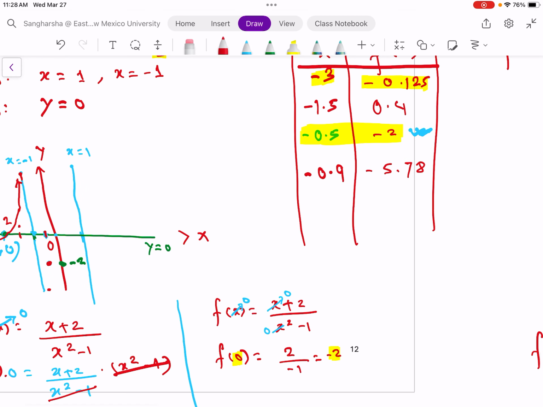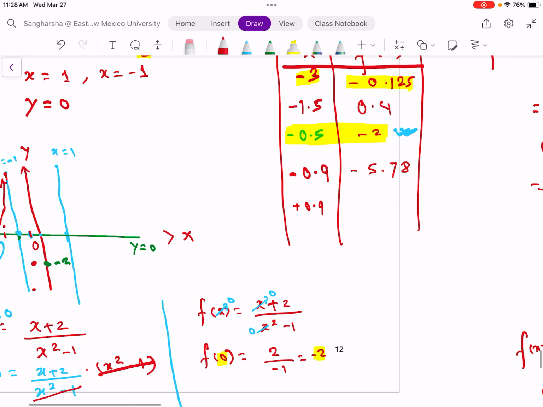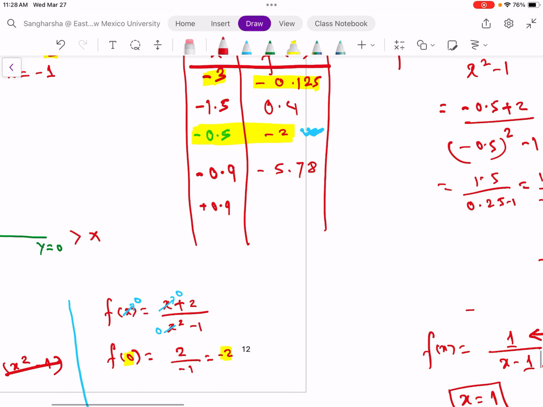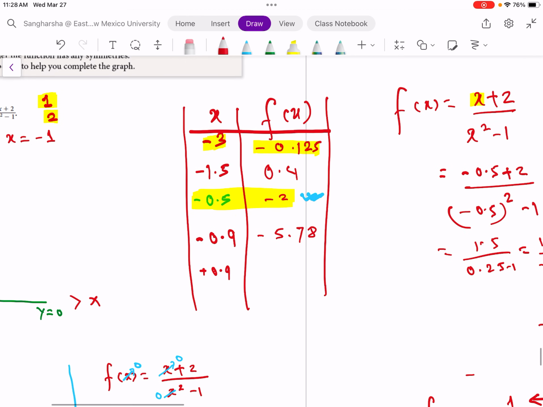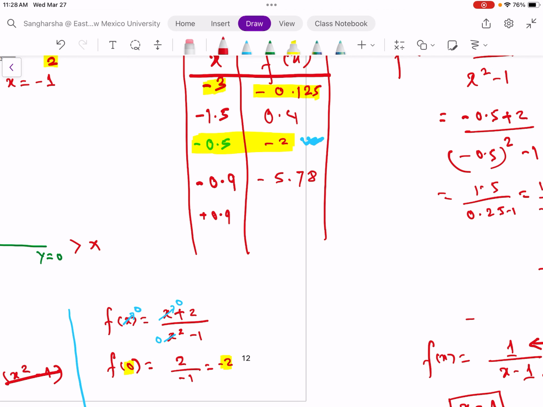Similarly, let me take positive 0.9. If our input is positive 0.9, we're going to have 2.9 divided by... okay, it's going to be a lot of calculation here. Can you help me here?